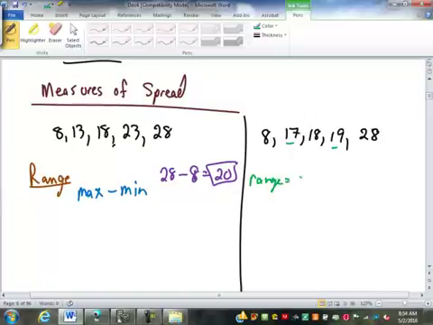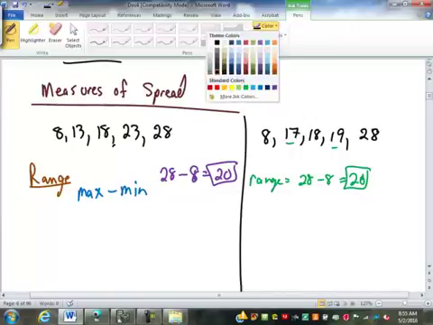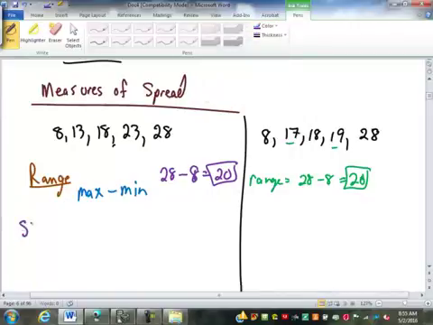Yeah, the range is going to be just 28 minus 8, which is still 20. So we get the same range. So there needs to be a better way than the range of distinguishing between these, because the range just cannot give us a difference. So there's something called the standard deviation and variance.